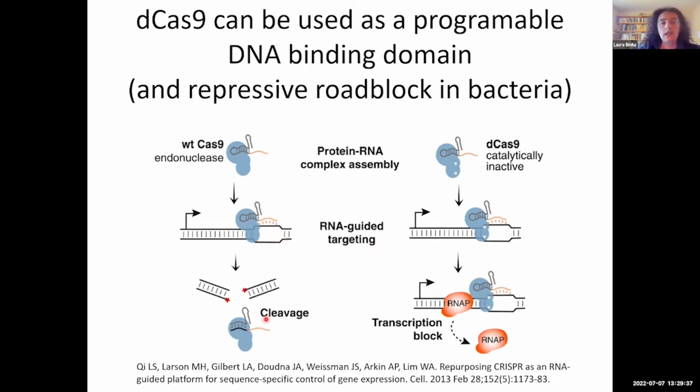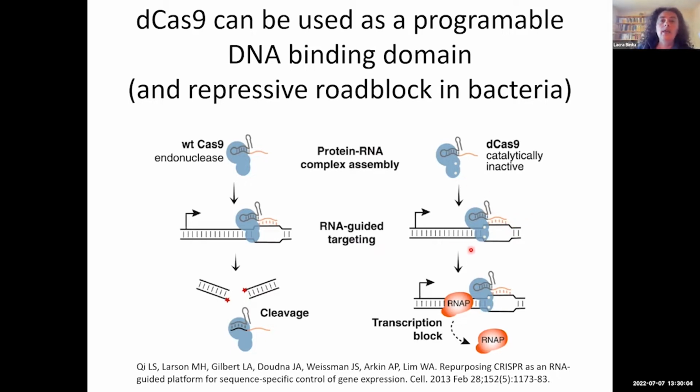And the original enzyme actually cleaves, it cuts the DNA, and you can do a lot of cool stuff with that. But interestingly, if you do a couple of mutations near the active site of the Cas9 enzyme, you can prevent it from cutting, but still allow it to bind in the same manner where you can program what it binds. You can tell it where to go by the RNA sequence.